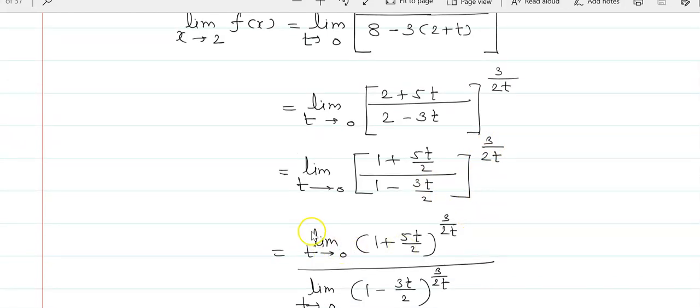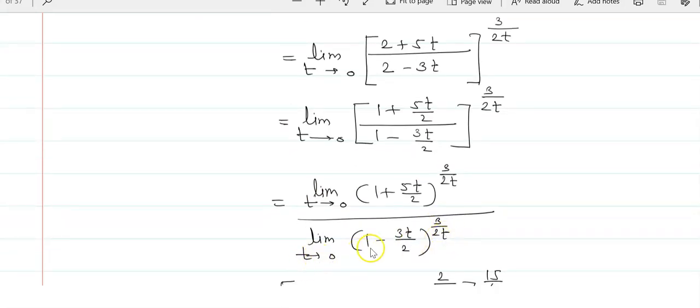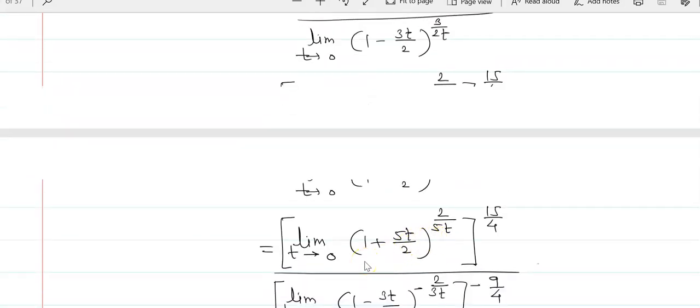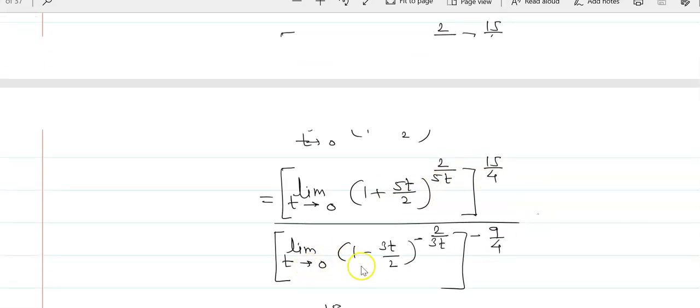Now separate it. Limit t tends to 0 of (1 plus 5t upon 2) bracket raised to 3 upon 2t, and limit t tends to 0 of (1 minus 3t upon 2) bracket raised to 3 upon 2t. And here the adjustment: limit t tends to 0 of (1 plus 5t upon 2) bracket raised to 2 upon 5t, and bracket complete raised to 15 upon 4, times limit t tends to 0 of (1 minus 3t upon 2) bracket raised to minus 2 upon 3t, and bracket raised to 9 by 4.